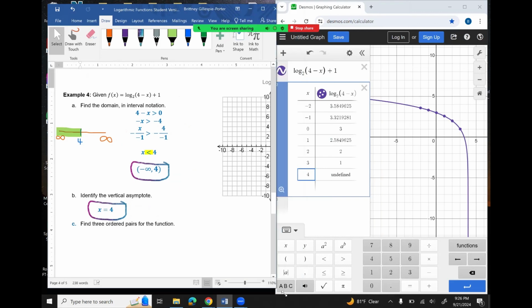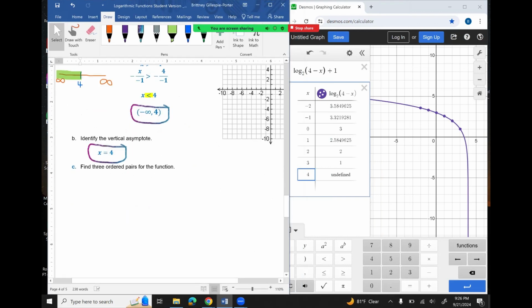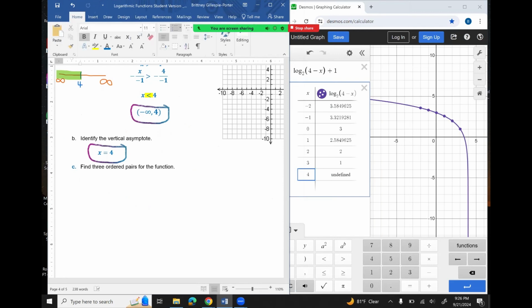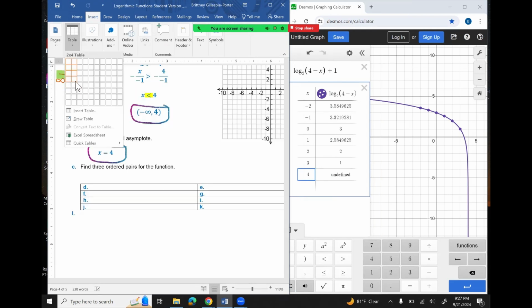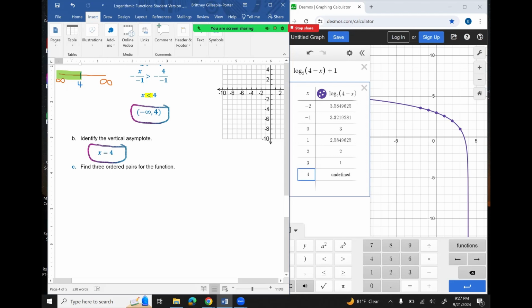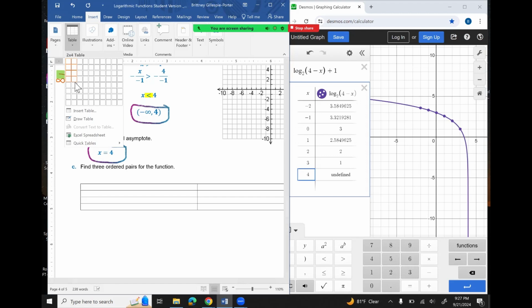So if I'm looking at my XY chart, let's say that we decide to do x equal to 0, 2, and 3. Just for the heck of it. I'm going to insert a table. I don't know why it's doing that. There we go. Insert a table.